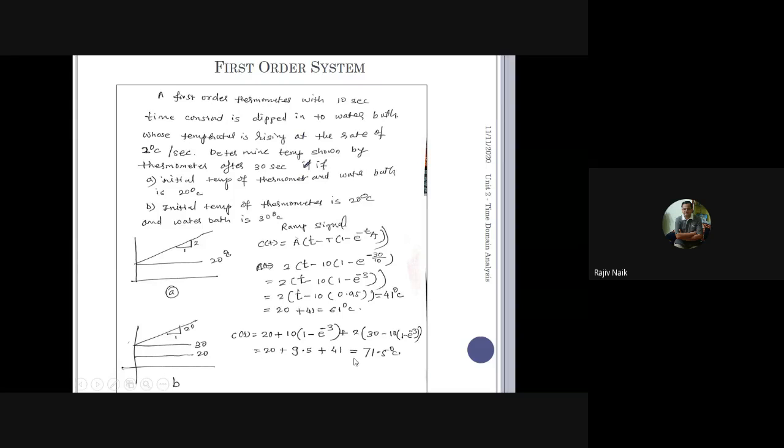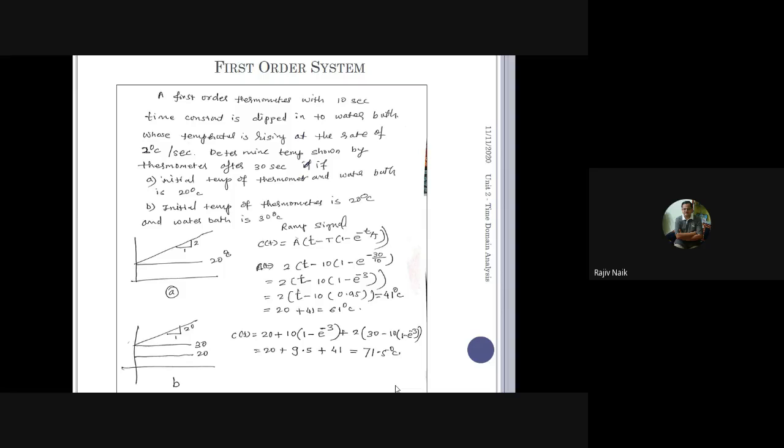So the total reading shown will be 71.5, but the actual temperature of the water after 30 seconds is 30 into 2, that is 60, plus the initial 30, that is 90 degrees centigrade, but here it will show 71.5 degrees centigrade. So another approximate error of 19 degrees centigrade.